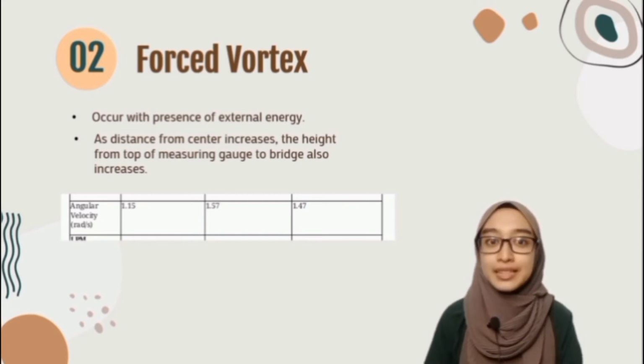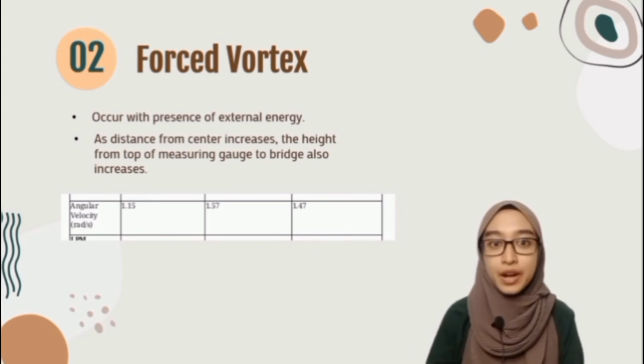In order to maintain the surface profile of forced vortex, a constant amount of energy supply is required. In this experiment, the pedal keeps rotating as long as the experiment is conducted to ensure the measurement of height from top of measuring gauge to the bridge can be done.